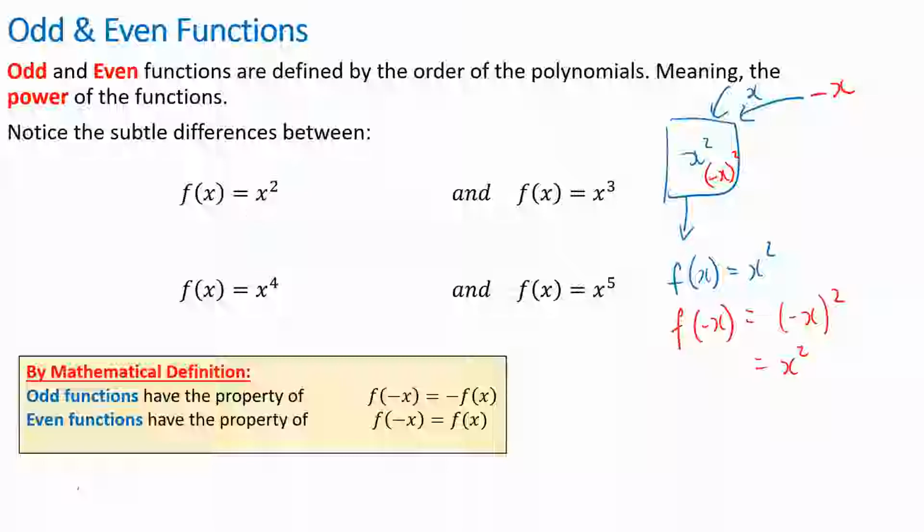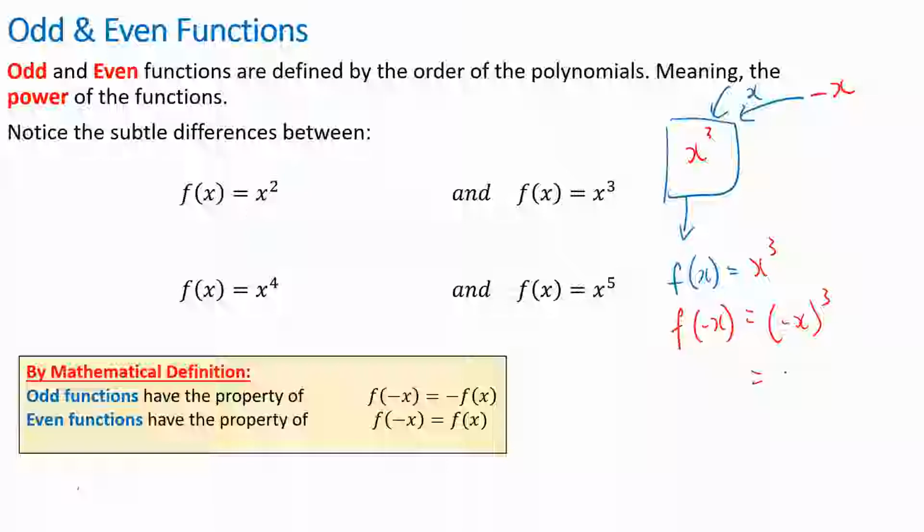Same thing with the odd. Now let's do odd, if I change the problem to an x cubed. So same drill as everything else that we just did. If I sub in an x into x cubed, then f of x becomes x cubed. If I sub in negative x into x cubed, then I would now have negative x all cubed. But what's the answer to this if you simplify it?